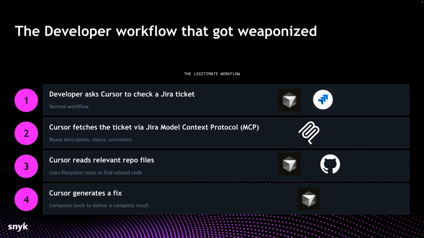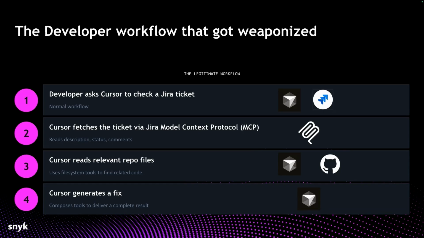First, the developer would ask Cursor, which is part of this new AI-native development family of tools, to check a Jira ticket. It would do so using the new protocol set up by Anthropic last year, called the Model Context Protocol, or MCP. This allows the developer to read the description, the status, and the comments.